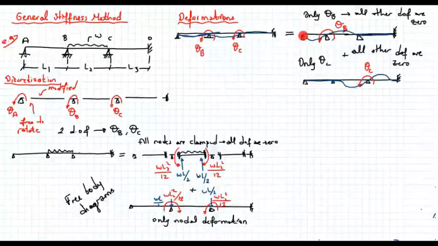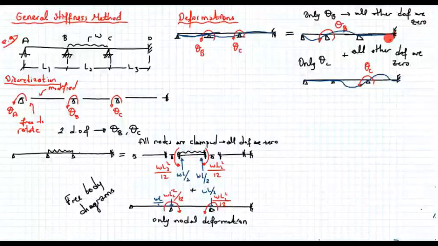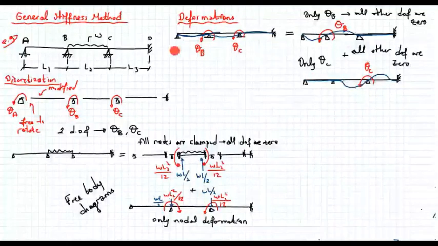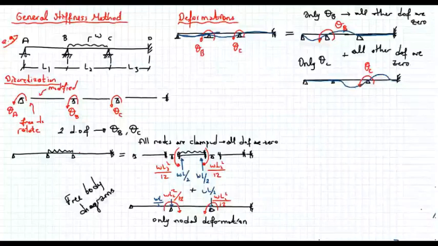In the first case, we have the effect of rotation at b, the rest is equal to 0, plus the effect of rotation at c, and the rest of the degrees of freedom are 0. So when we add the deformed shape of these two, we will obtain the deformation created by theta b and theta c.